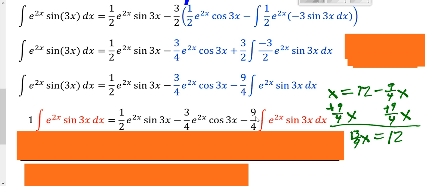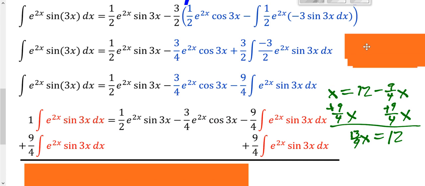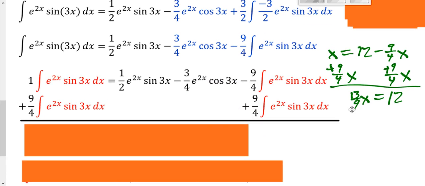We have what we're looking for, which is highlighted in red, on both sides. So we're going to just go ahead and take this whole thing here to the other side by adding it to both sides of our equation. So over here on the right-hand side, we're only going to have the black because this red stuff cancels out. On the left-hand side, we have one of these integrals plus 9/4 of these integrals.